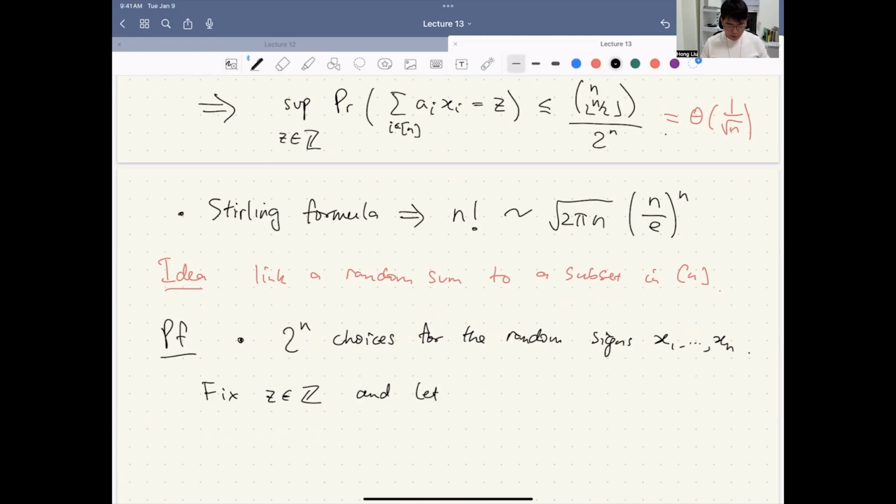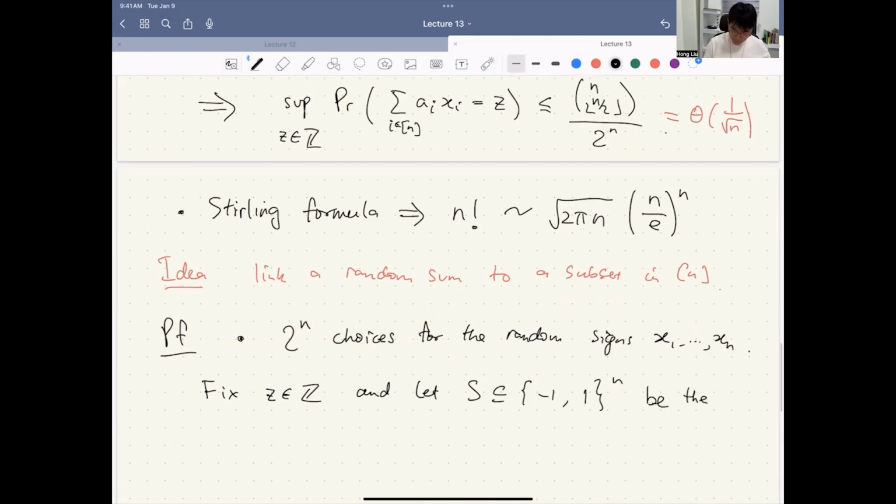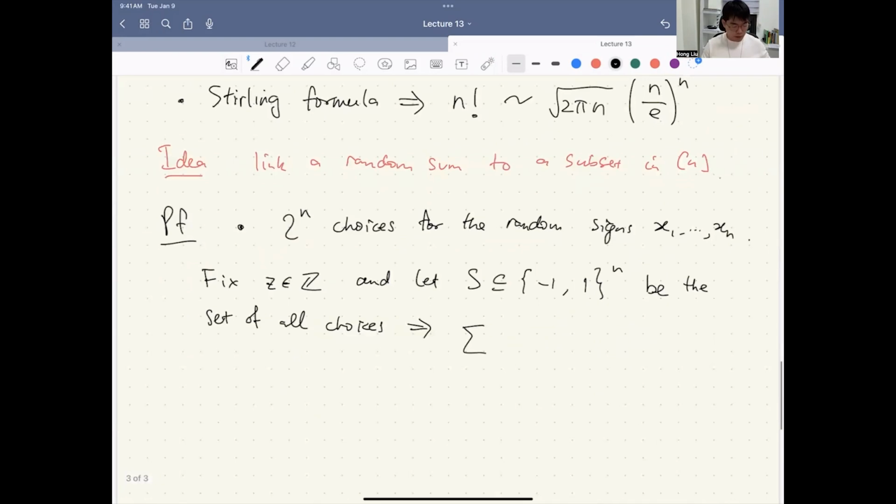Usually we write {0,1}^n for the hypercube, but in this case, we just write {-1,1}^n, no problem. Let S be the set of all choices which give you the random Rademacher sum sum of a_i x_i, i in n, equal to z.